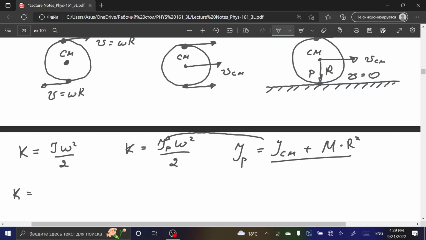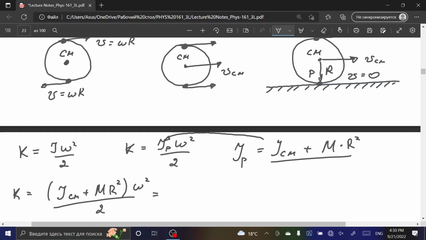So kinetic energy is equal to I center of mass plus total mass of the rigid object times r squared, times omega squared, divided by 2.